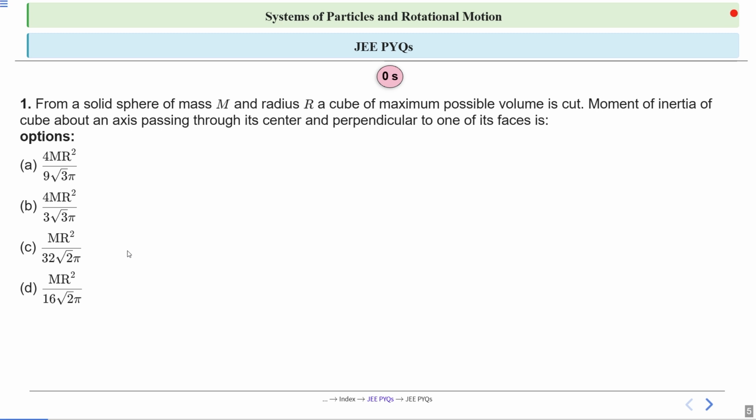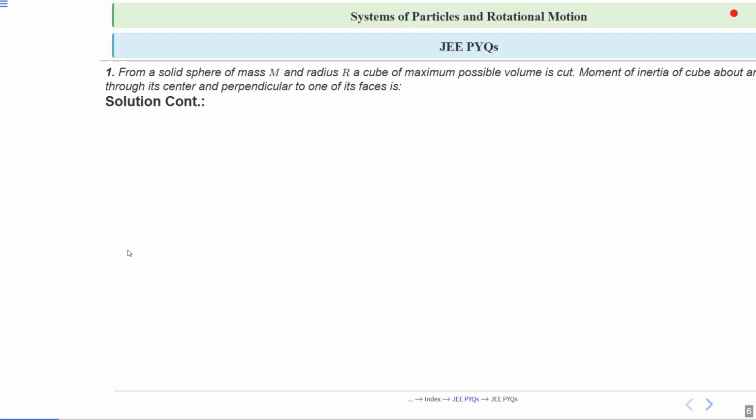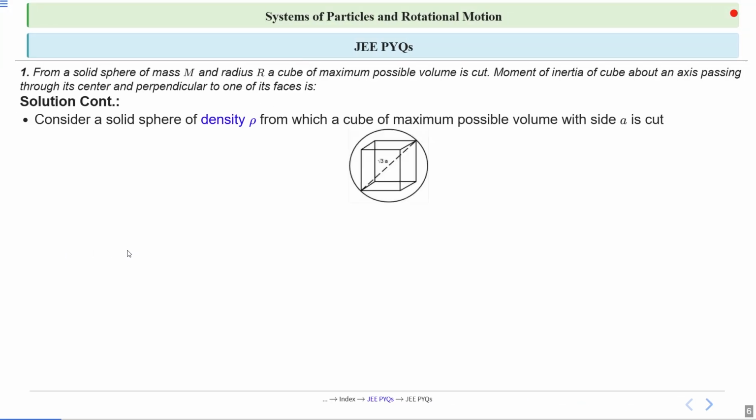Let's see the solution of this question. Here we have to find out the moment of inertia of the cube about an axis passing through its center and perpendicular to one of its faces. So consider a solid sphere as shown in the figure, of density rho, from which a cube of maximum possible volume with side a is cut.